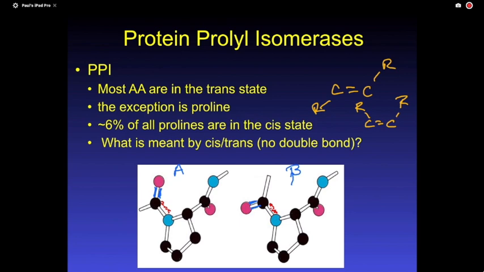And so in this case, if I have a big R group going this way and a big R group going this way, and this is the double bond, that's trans. And if I have a big R group going this way and a big R group, which is the whole protein, that is cis. And cis is, at least sterically, not as good as a trans.